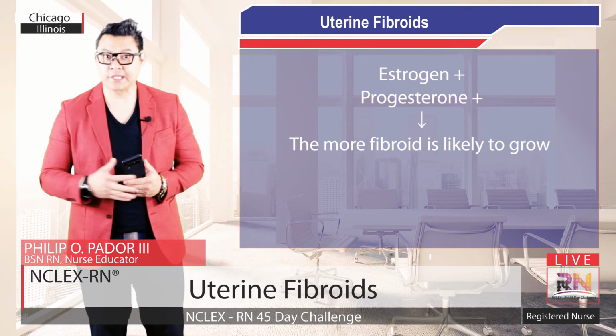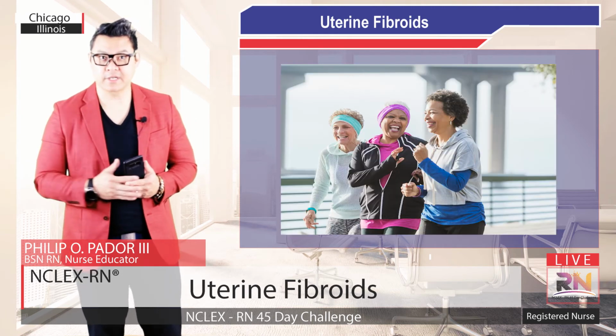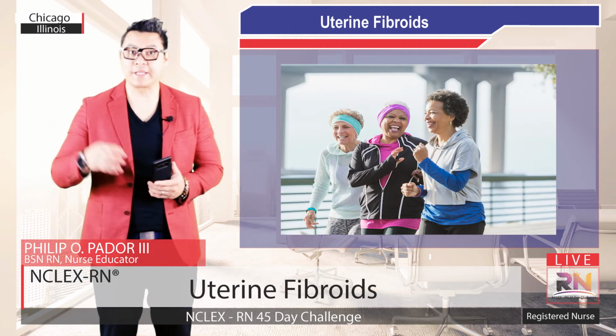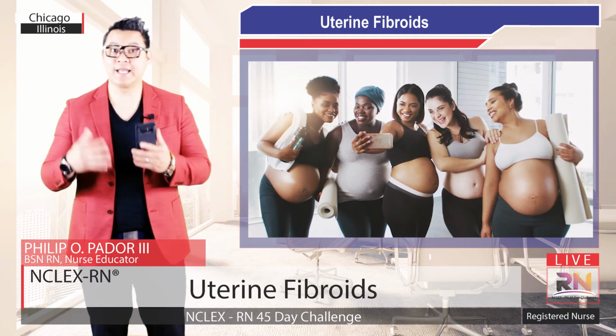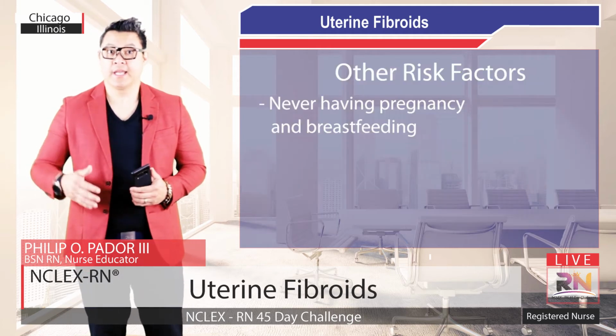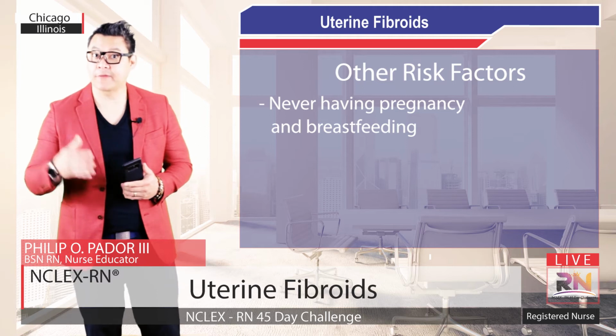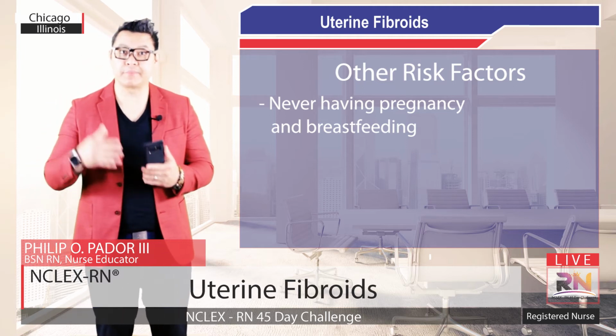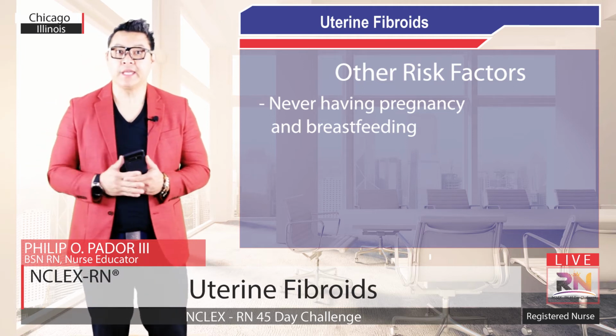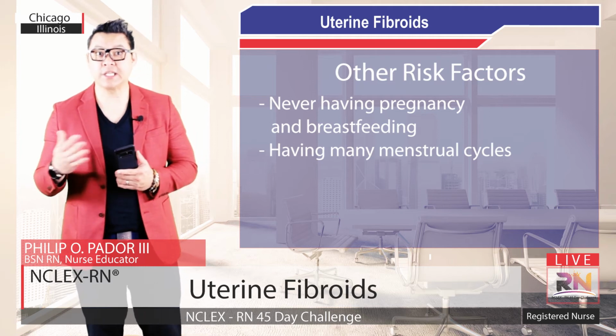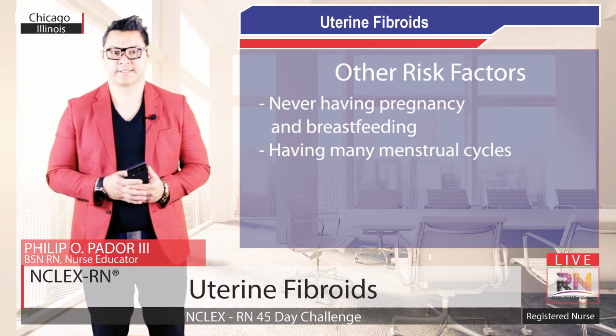This is why fibroids typically affect premenopausal females and why they grow rapidly during pregnancy when there's a lot of estrogen around. Other risk factors for developing fibroids are never having been pregnant, never breastfeeding, and having many menstrual cycles, each with a wave of hormones.